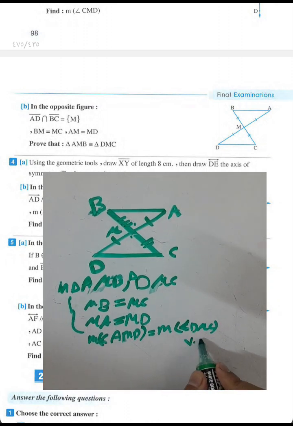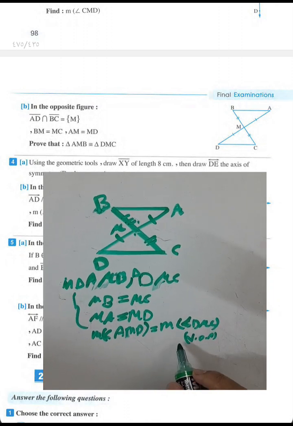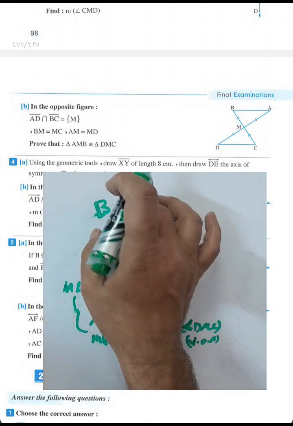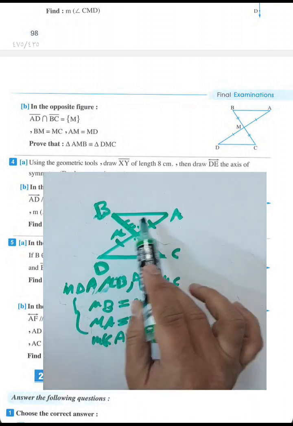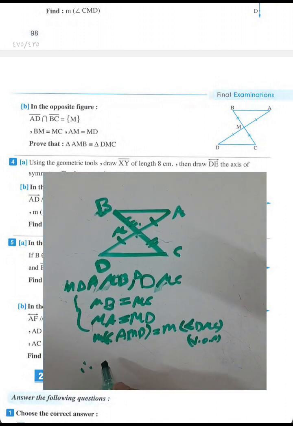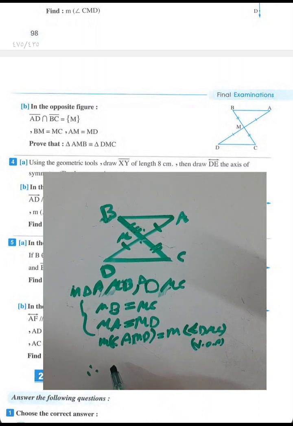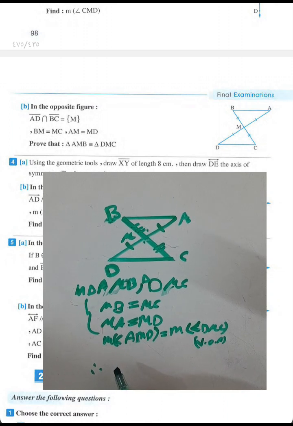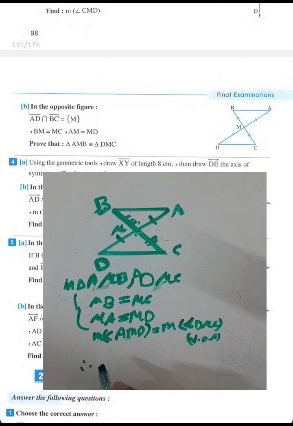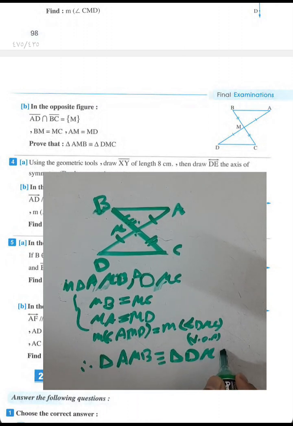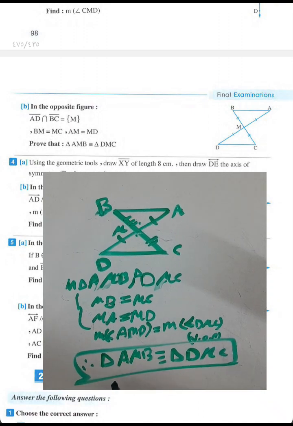We have vertically opposite angles here, because we have two straight lines intersecting at one point. It's the first condition for congruent triangles, by using two sides and the included angle. Then the first triangle AMB is congruent to the second triangle DMC.